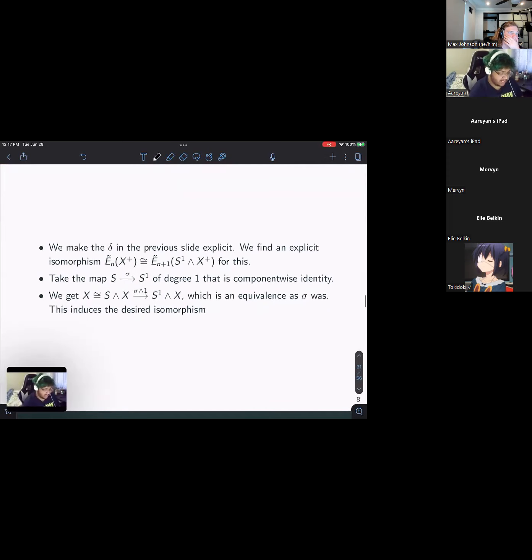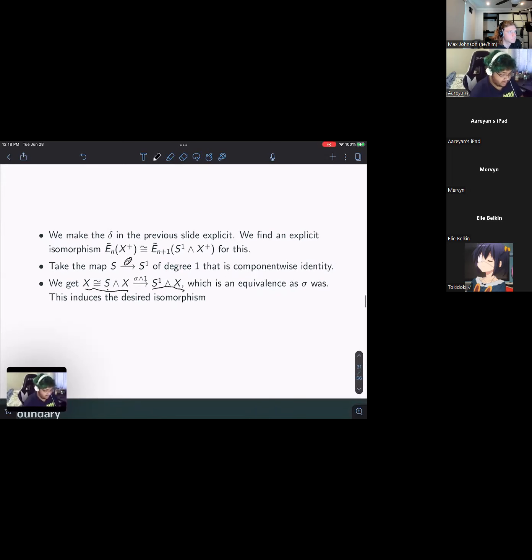So now you can actually induce a map on the smash. Remember, the sphere spectrum is the unit for the smash, so I can write that X is a sphere spectrum smashed with X, and now I can use sigma to move it to S1 smash X. This is an equivalence because sigma up here was an equivalence, and this induces my desired isomorphism here.